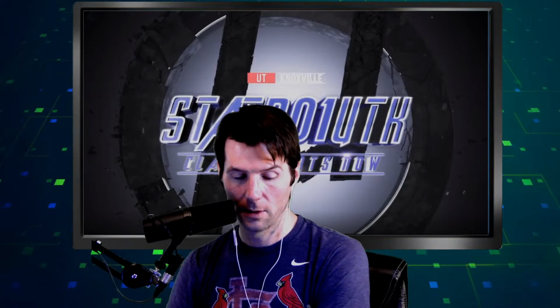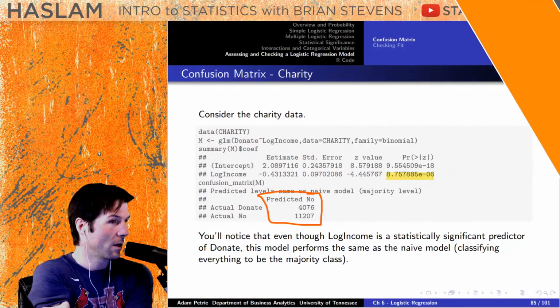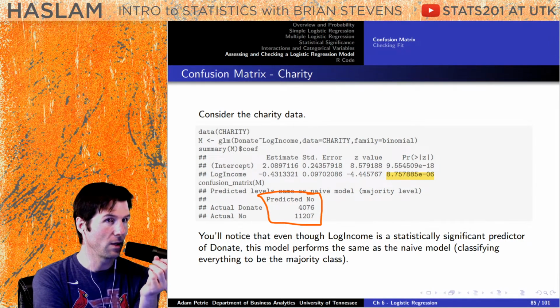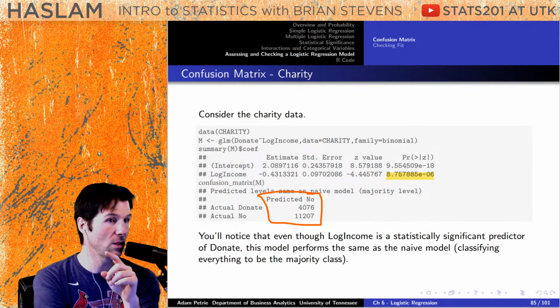I'm going to pull up the notes here so we can look at that. Your confusion matrix is looking like this right here because your confusion matrix is the naive model and all your values are going to be in actual never smoking. Now is going to have more actual now, and you're going to get predicted never for everyone.